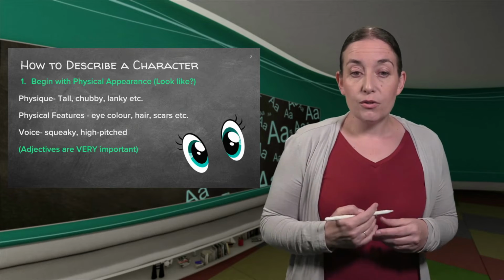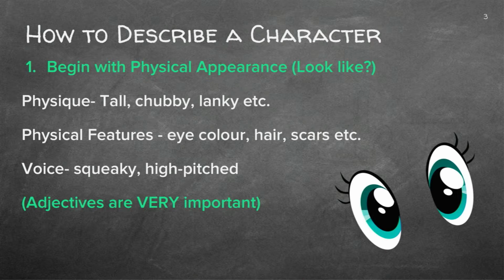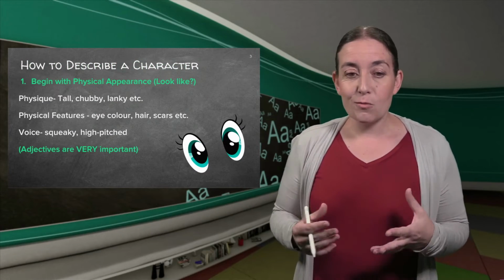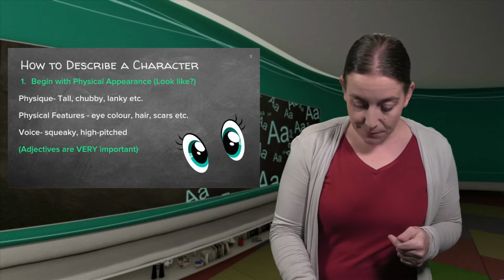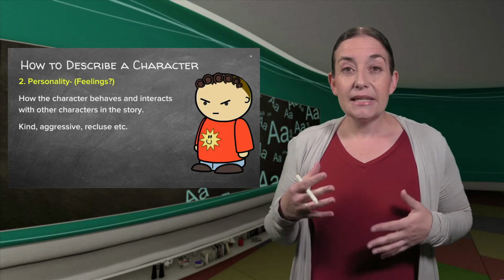And then with regards to their voice, how do they speak? Are they aggressive people? So they always have an angry tone to them, or are they very squeaky and high-pitched? There's so many different ways that you can make someone understand your character so much more just by using the voice.